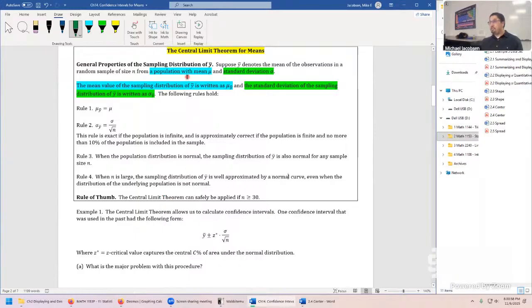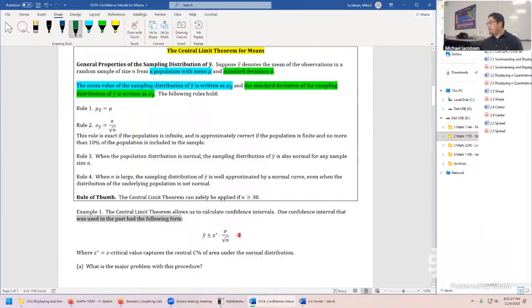Recall there's two parameters. There's the unknown mean, and there's the unknown standard deviation sigma. And if we knew what sigma was, that would be the right interval. The confidence interval through the central limit theorem can be calculated this way. One confidence interval that people used in the past looked like this. Take y bar, add or subtract z star, times sigma over root n.